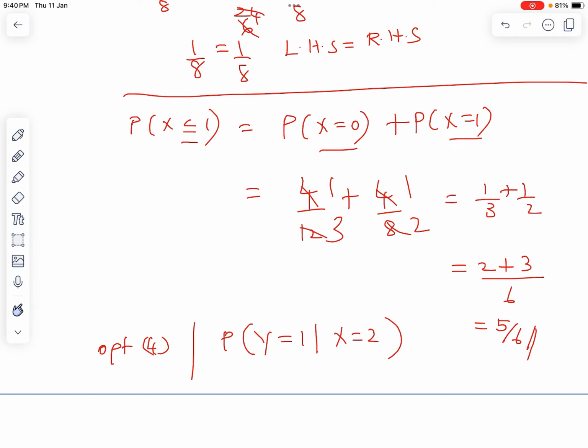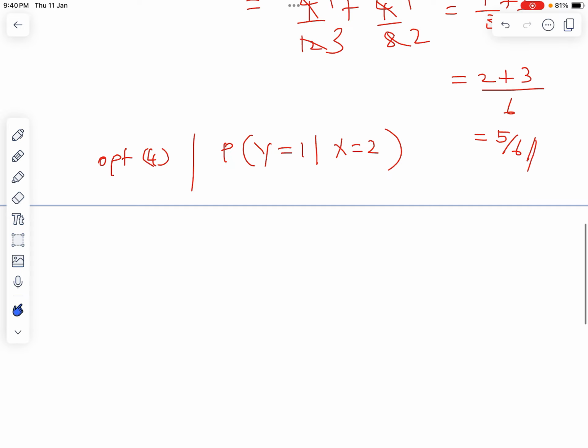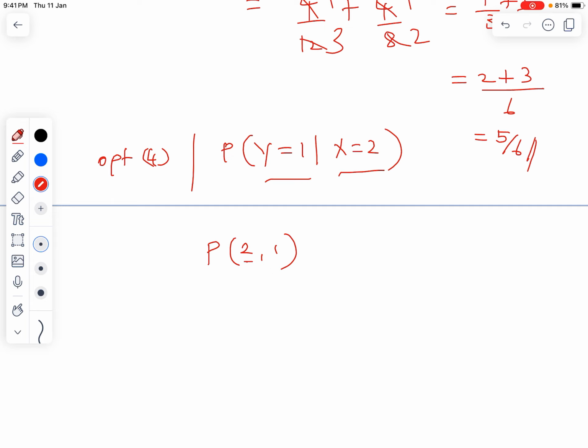If you look at it very carefully, that means the value of x is 2 and the value of y is 1. You can ask me, sir, they have given only y equal to 1. But if you look carefully, they already mentioned x equal to 2 in the condition. So for this 2, the total value we are going to find out. At the condition, x should be 2 and y should be 1. So first we look at P of 2 comma 1.